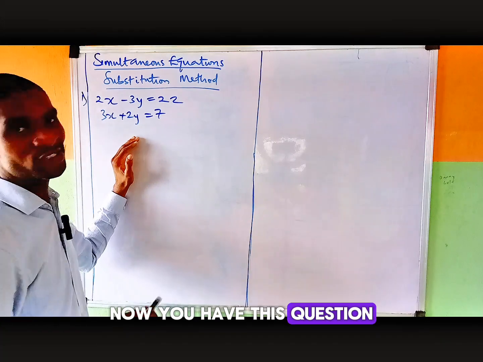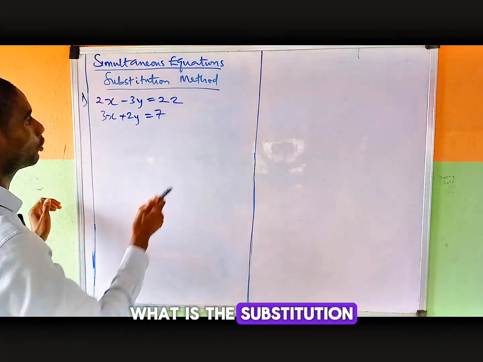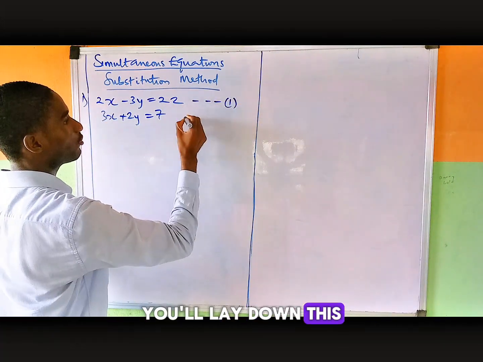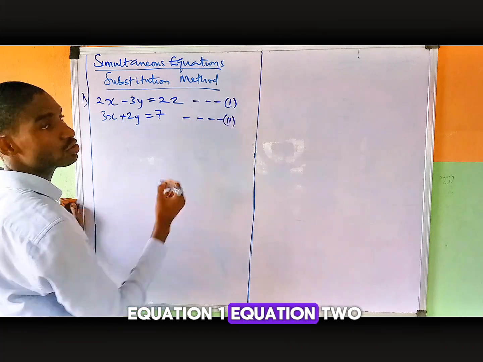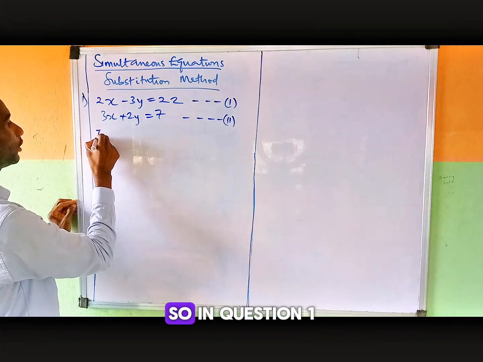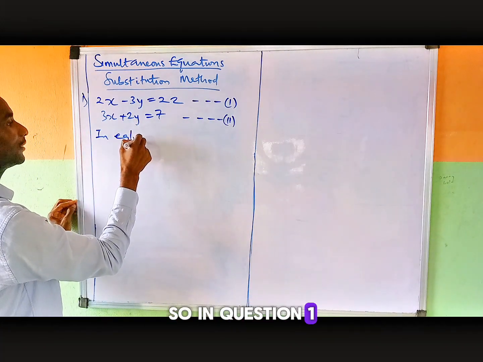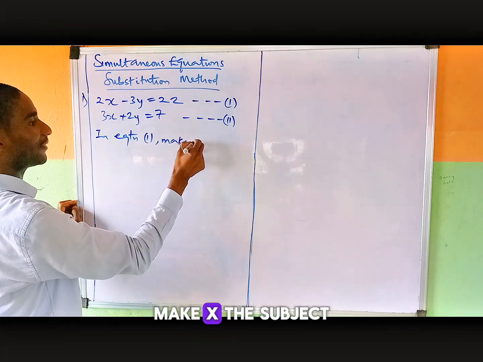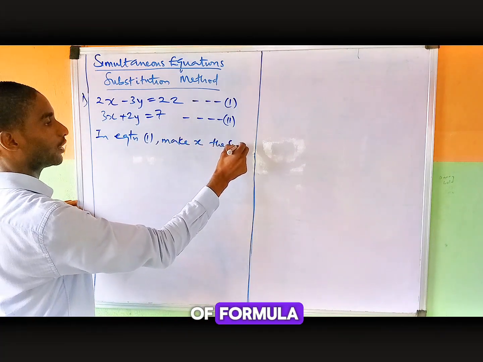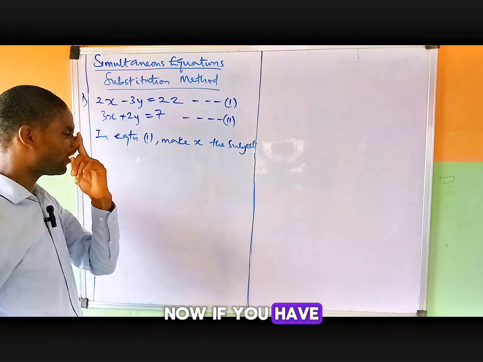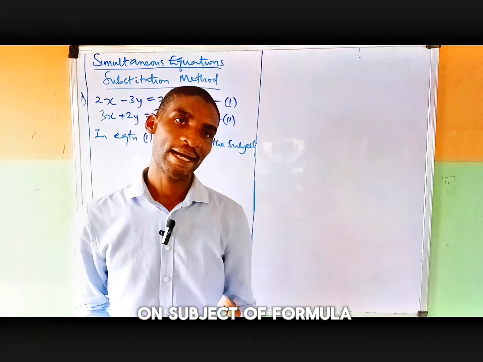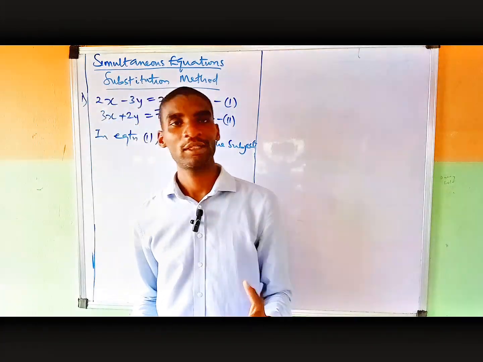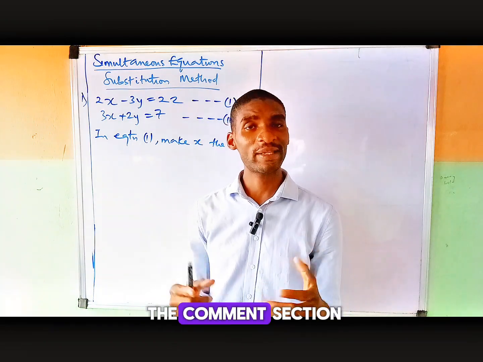Now you have this question, you want to make use of the substitution method. You label this equation 1, equation 2. So in equation 1, make x the subject of formula. Now if you have not seen my video on subject of formula, please check the comment section.